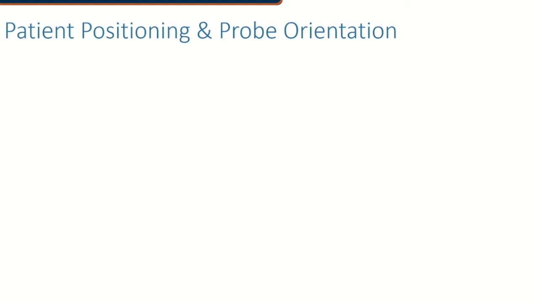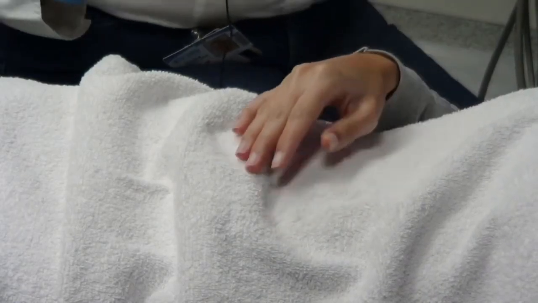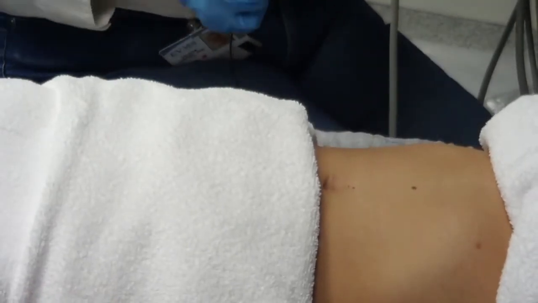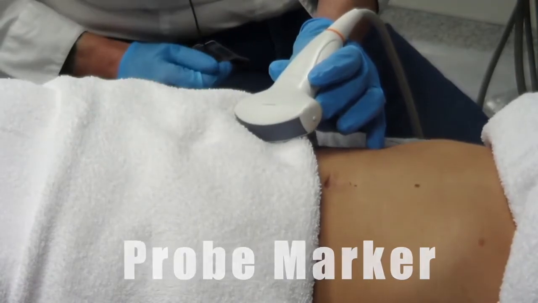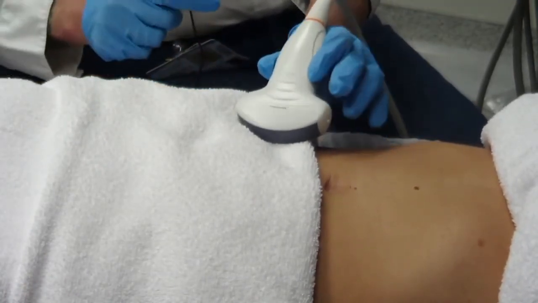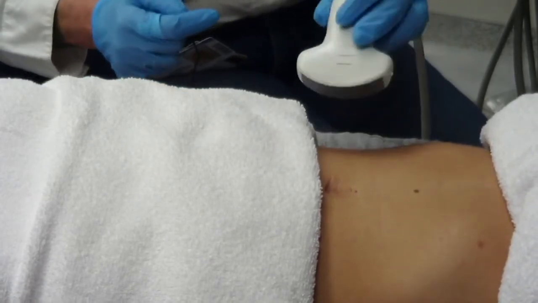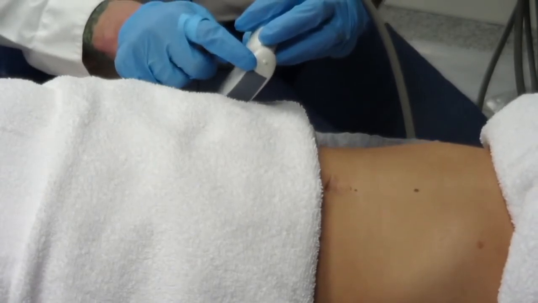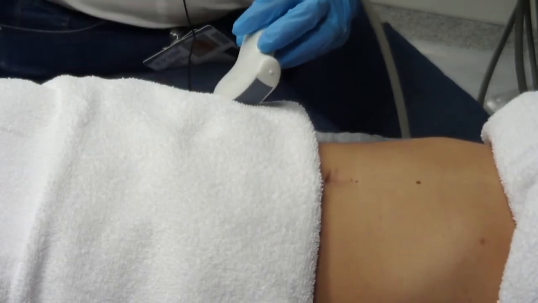and our probe orientation. So the probe marker convention will be the standard that we have been using, and we're going to use the probe marker, the dot on the probe, facing patient head for sagittal images, and then the probe marker will rotate counterclockwise so that it is facing towards patient's right in a transverse scan.